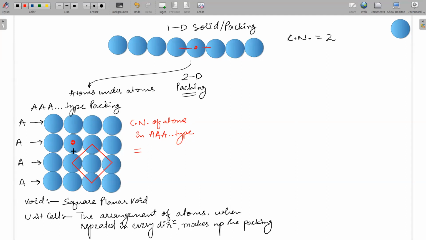This atom. This atom is touching how many atoms? Four. Yeah, that's it. Mariam is saying two. Mariam, can you see four now? No, this atom is not touching this atom. I was telling for 1D. You're saying for array.